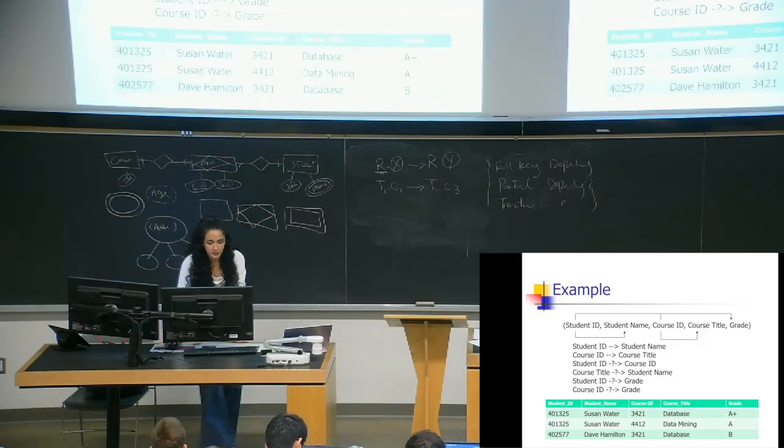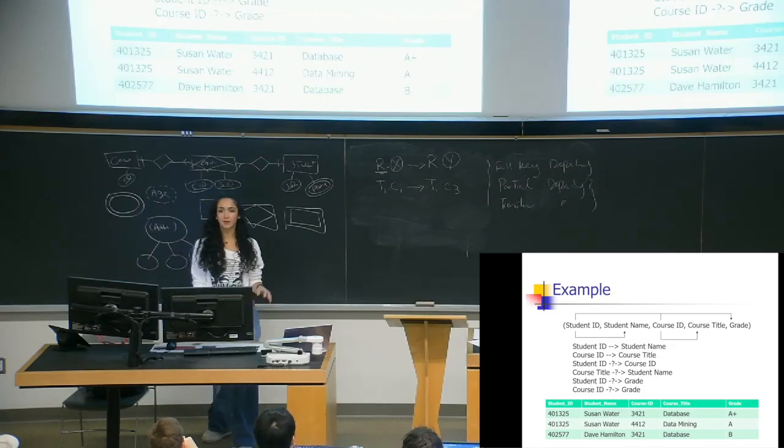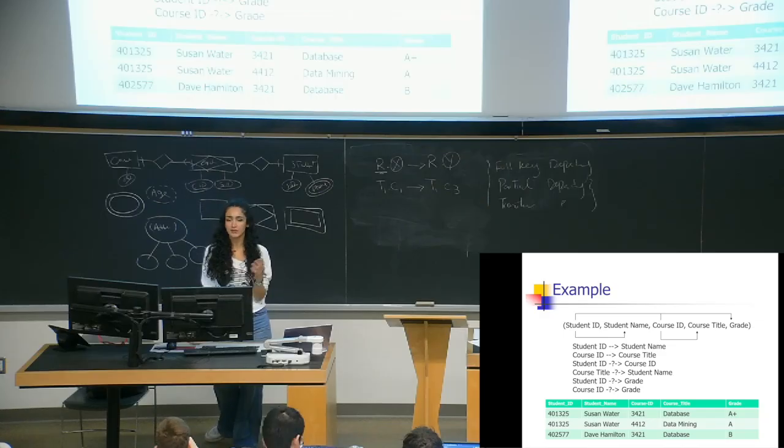For example, we said a student name depends on a student ID. Course title depends on course ID. Now, can we say that a course ID depends on a student ID? Like giving a student ID, can you identify the course? If I tell you, for example, a student ID 1, which is, for example, Mona, can you tell me what course it is?